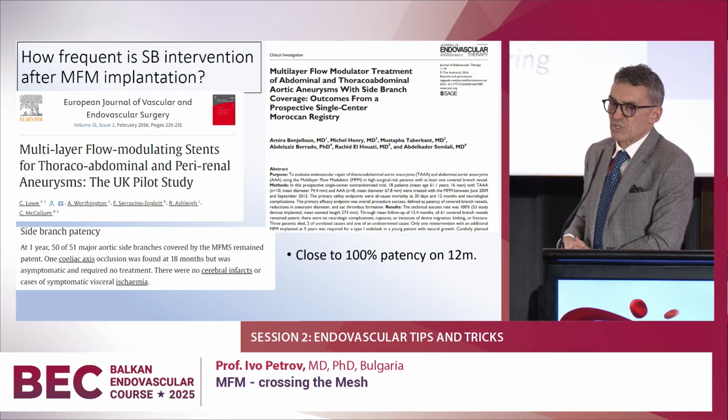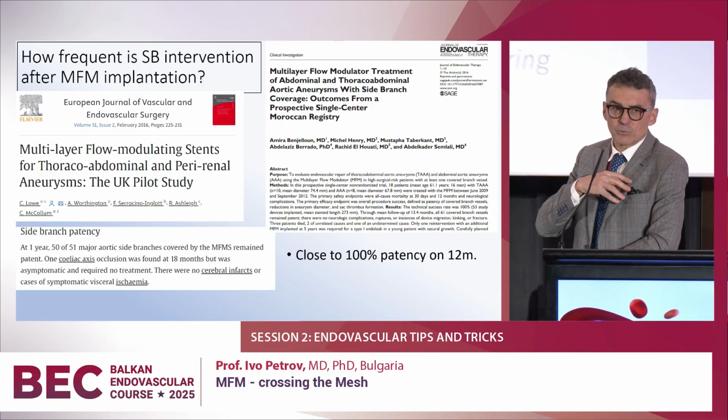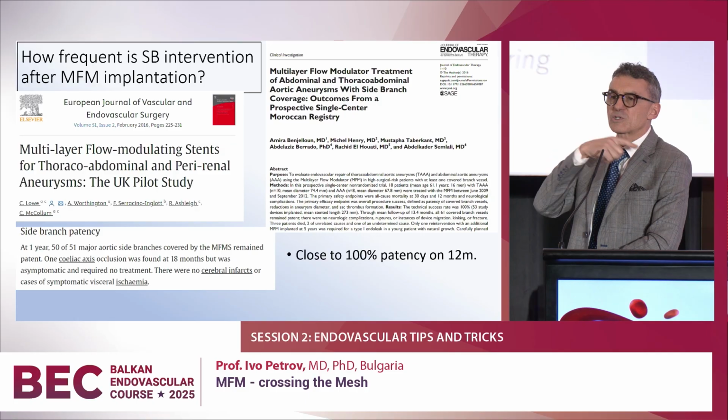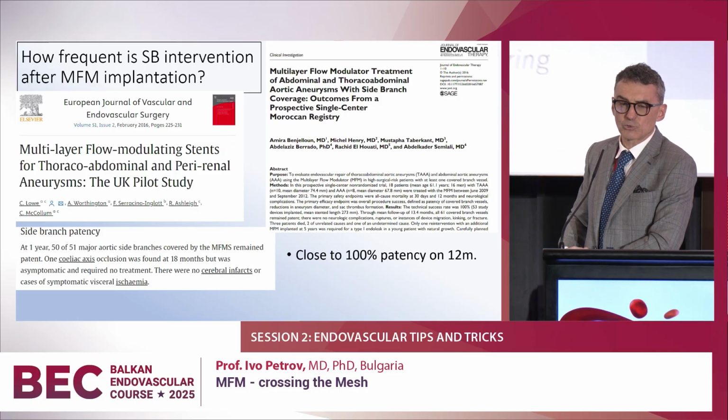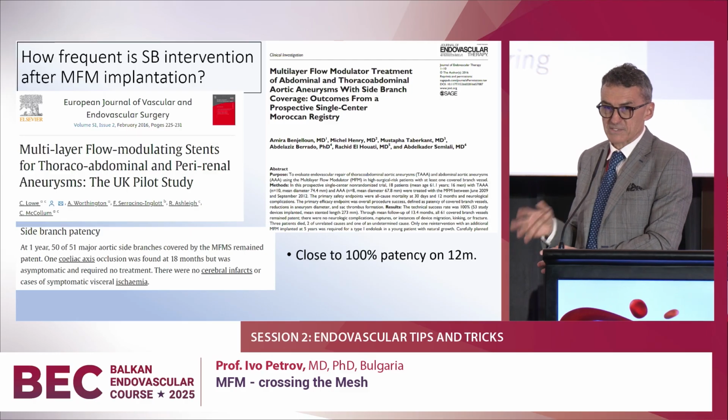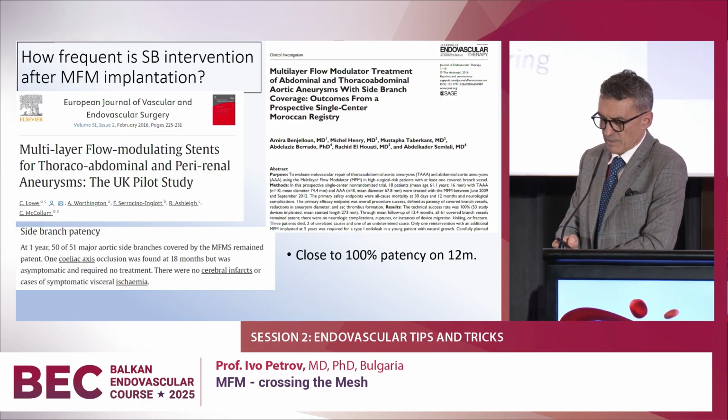We implanted a multi-layer flow modulator from the ascending aorta across all the brachiocephalic vessels, all the way down to stents to the renal arteries. And he survived, and he's still living 7 years after the procedure and 5 years after the publication of this case.